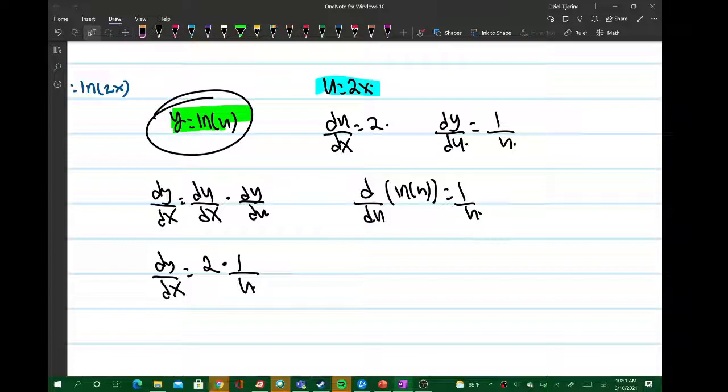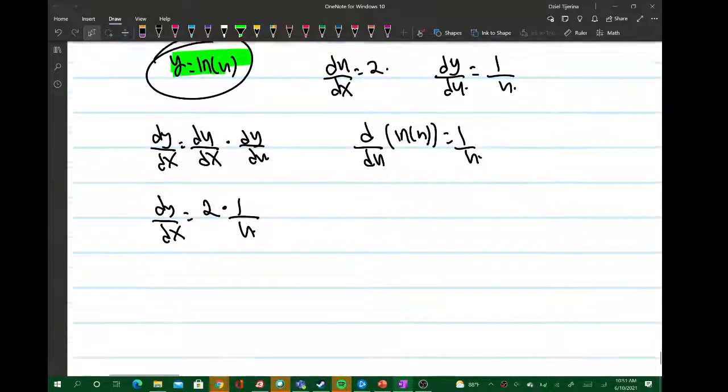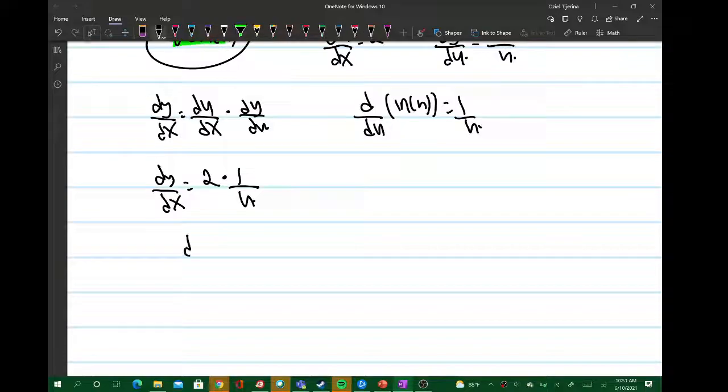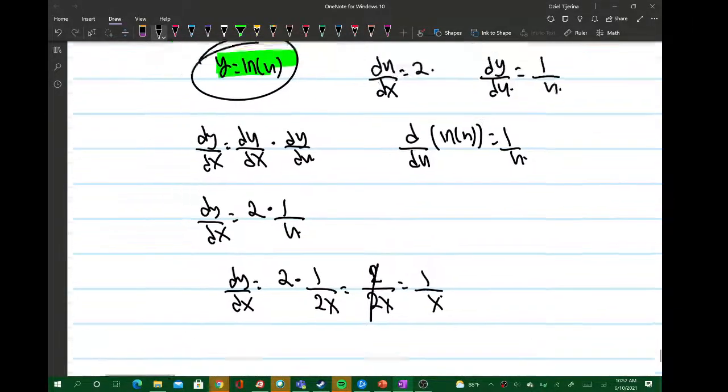And the derivative of y with respect to u is just 1 over u, and u is 2x. So dy dx is 2 times 1 over 2x, which is 2 over 2x. This cancels out, and we just get 1 over x.